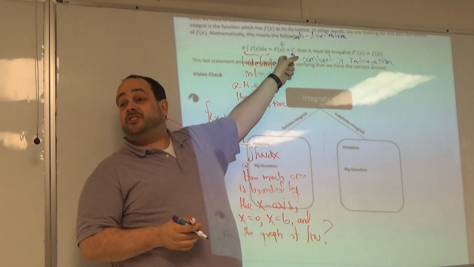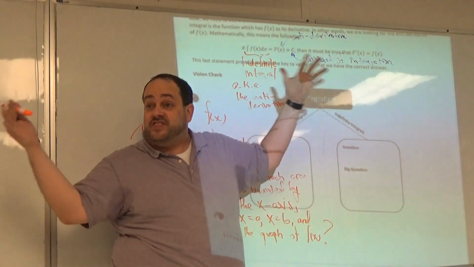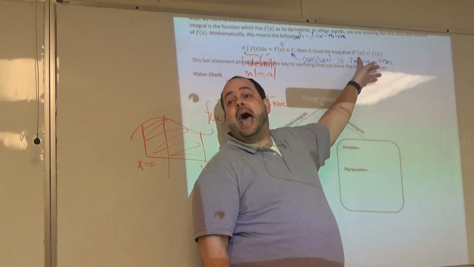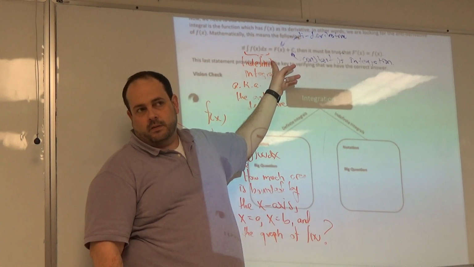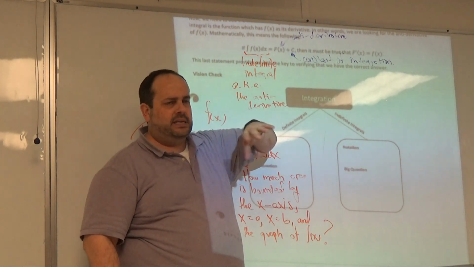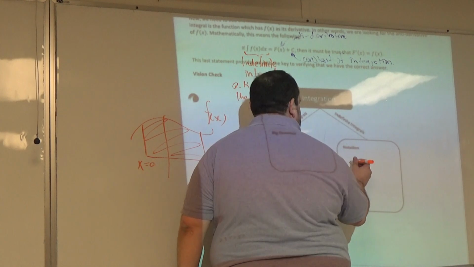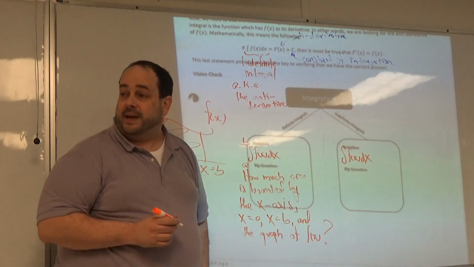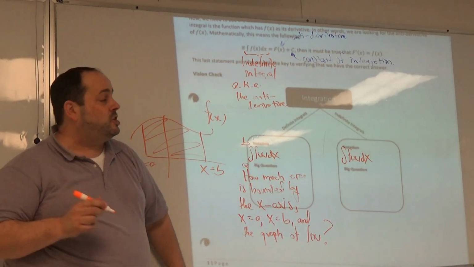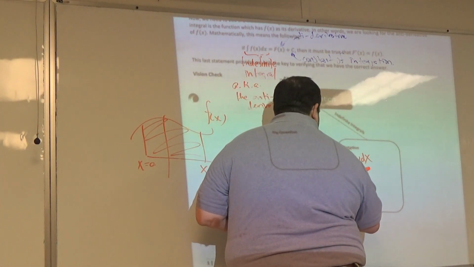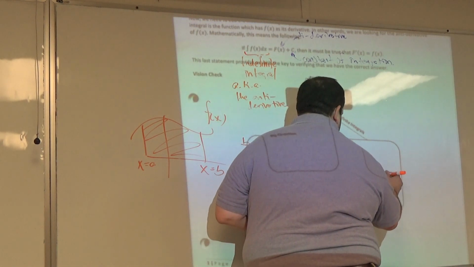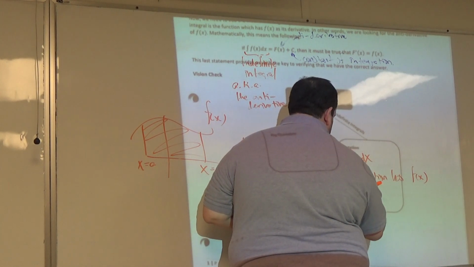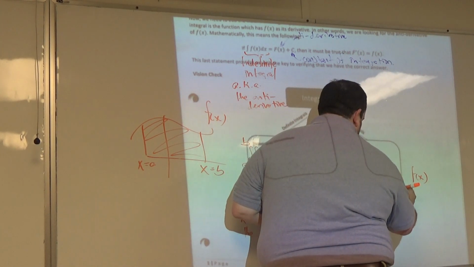I'm going fast in the vocab, but you guys are going to get that just fine. What makes big F the answer is that if I take its derivative, I get little f back. I'm going to say that lots today. So if I see this notation here, the indefinite integral of f of x with respect to x, the question that I'm asking you is this: what function has little f of x as its derivative?